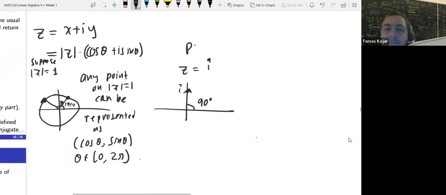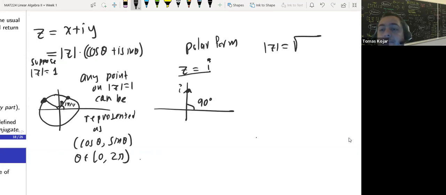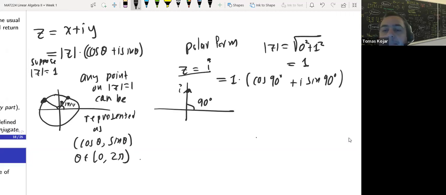Polar form of z equal i: you give me the angle, then I know that since the modulus of z is the square root of 0 plus 1 squared, so 1, I can just, based on the angle, give you the exact cosine theta, sine theta.